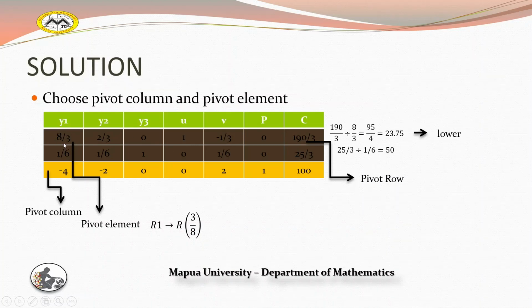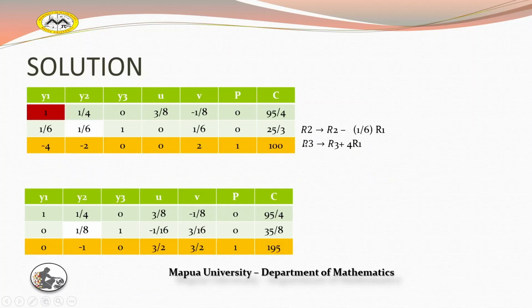So this is now 1, this is now 1/4, and this is 0. This is 3 over 8. This is now negative 1 over 8. This is now 0, and this is now equal to 95 over 4. And that will be our next simplex table.